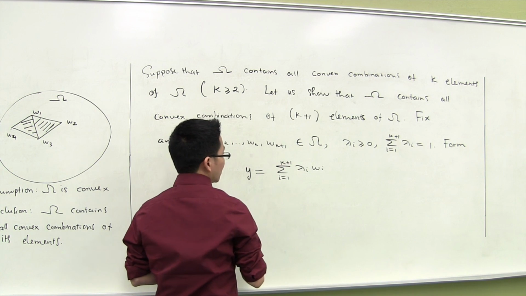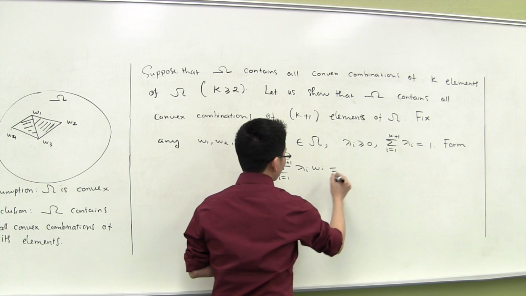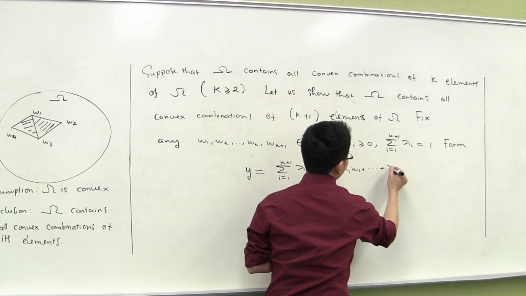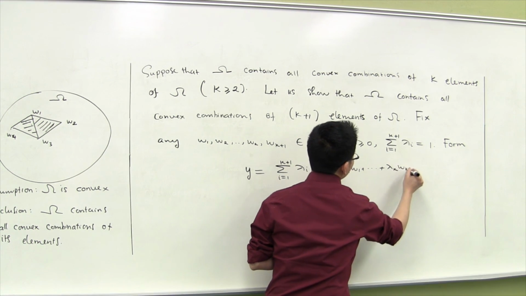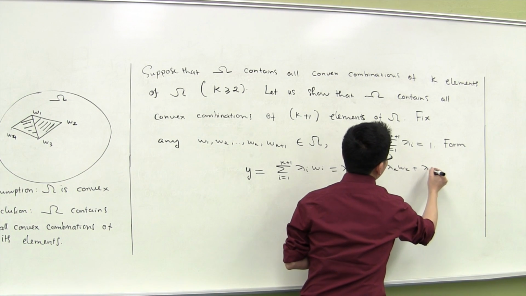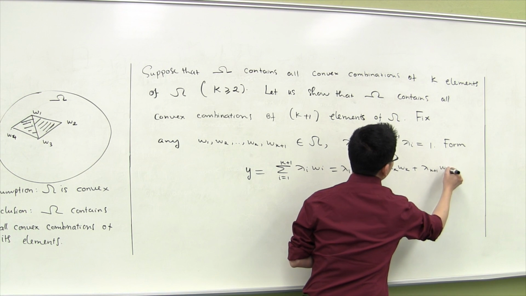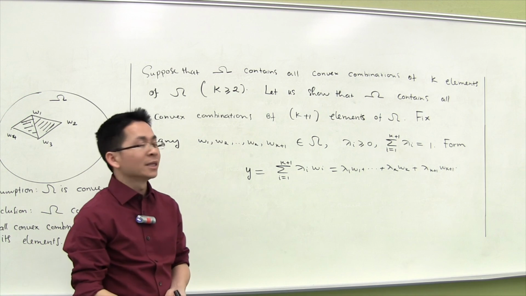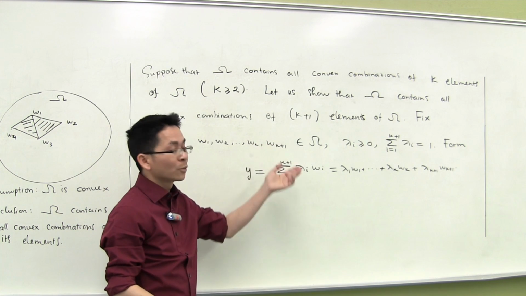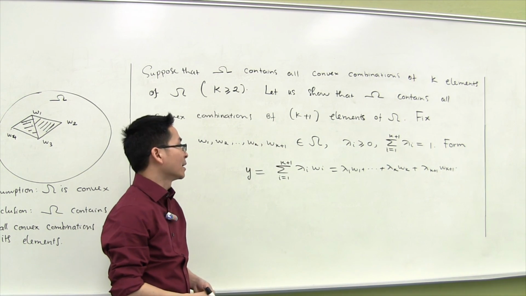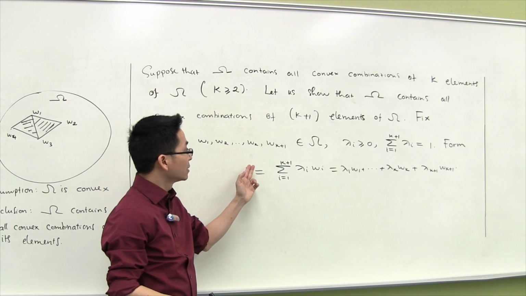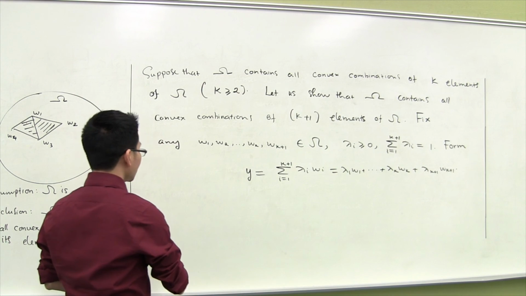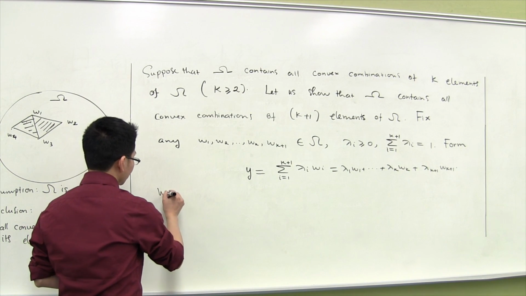Okay, so this is just lambda 1 w1 plus so on, plus lambda k wk plus lambda k plus 1 wk plus 1. So this is a convex combination of k plus 1 elements of omega, and our goal is to show that this element y belongs to omega.